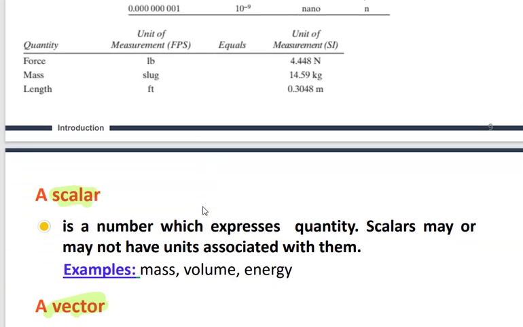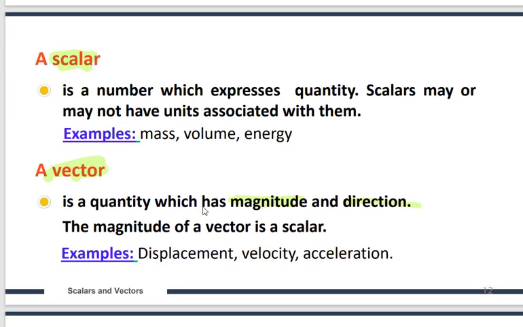Clear? Now, whenever we are going to study about dynamics, you should know that there are two types of quantity, scalar quantity or vector quantity. A quantity which has only magnitude is called scalar quantity.